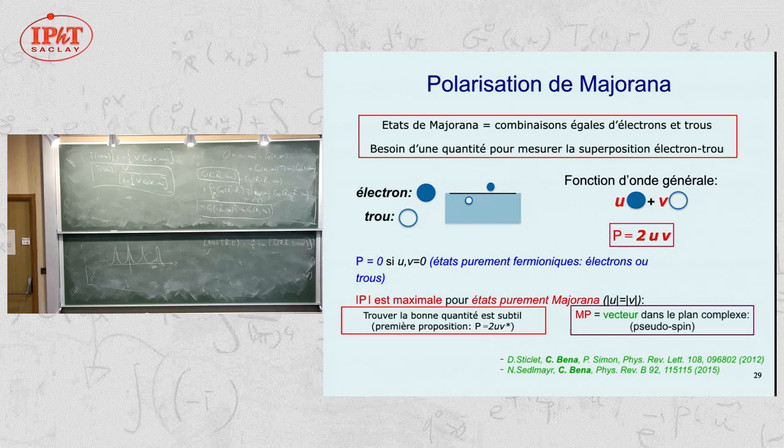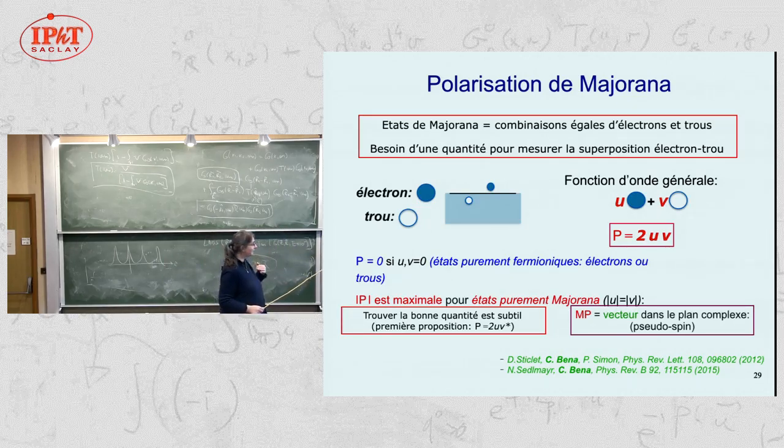A given wave function is a superposition of electrons and holes. In the language I have used till now, I would have this type of combination: a coefficient coming with an electron, and a coefficient coming with the hole component.